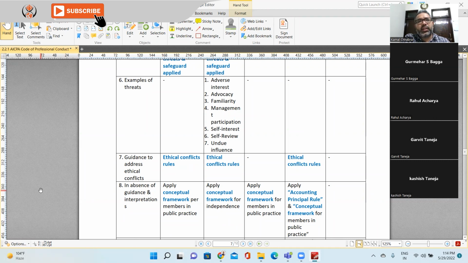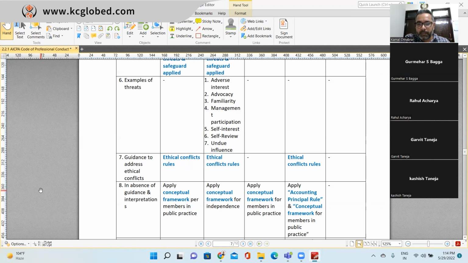Or maybe initially the company has appointed you for the compilation engagement, and later on they ask you to do the audit of that engagement, right? If you have done the compilation, then you would not be challenging whether the classification of current assets and current liabilities, current assets and non-current assets is right or wrong, because you yourself have done the compilation services for that client. So that is called self-review threat.